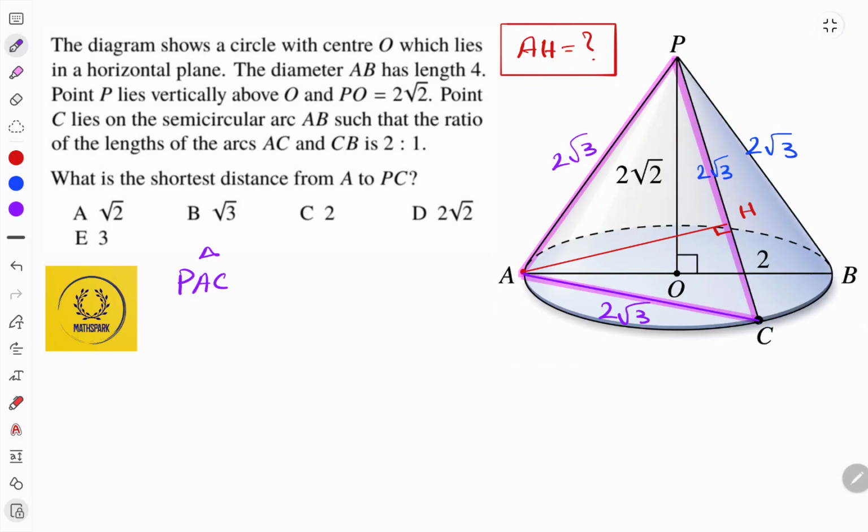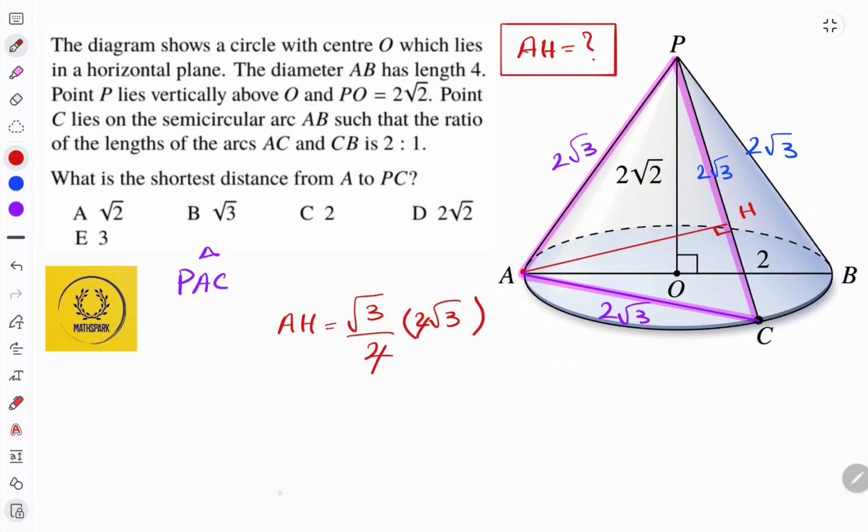You can use the Pythagorean theorem for half of this triangle, or you can follow this formula to find the height directly. When you have an equilateral triangle and you want to find its height, you can use this formula: root 3 over 2 times the side length, which is 2 root 3.